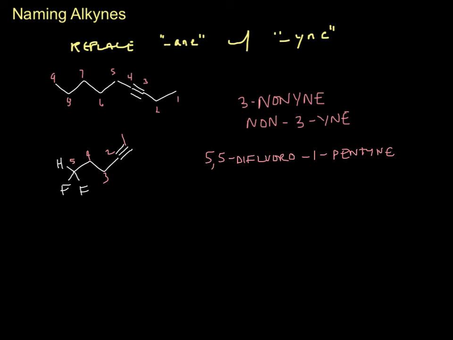Alright, so what if we have both an alkene and an alkyne in the chain? If you have both of those, the highest priority functional group is an alkene over an alkyne. So for priority, at this point it is alkene over alkyne over, at this point, everything else.